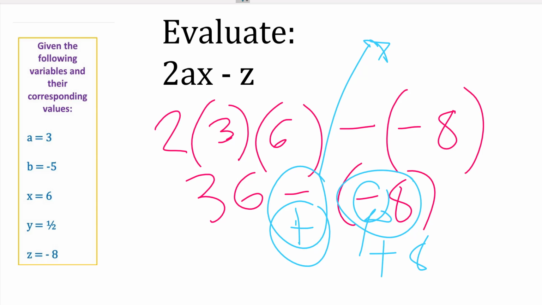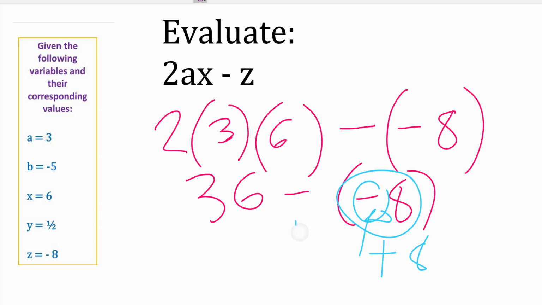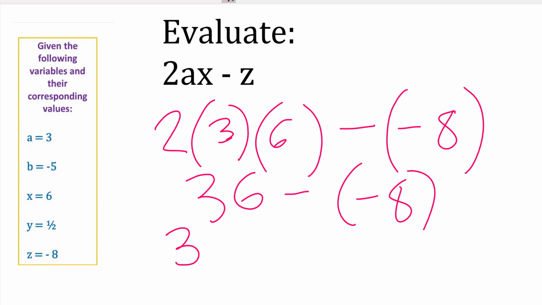And then next, proceed to addition. We have done this many times before in other problems. So that's 36 minus negative 8, and it becomes 36 plus positive 8, because you have to change the sign.